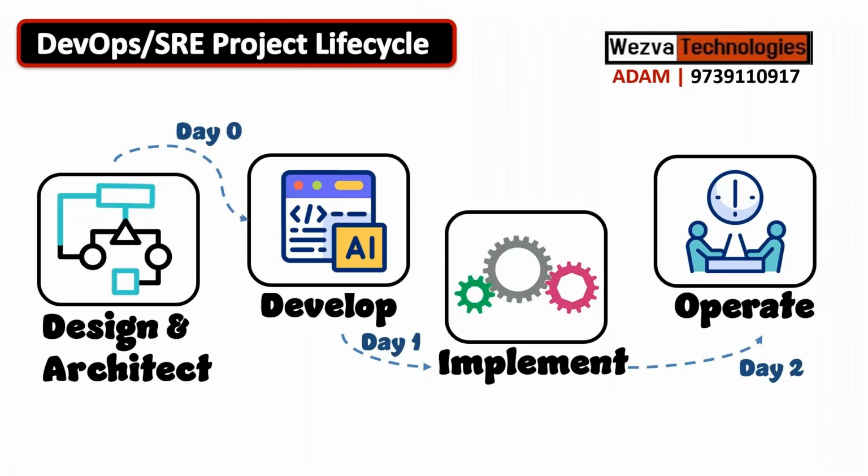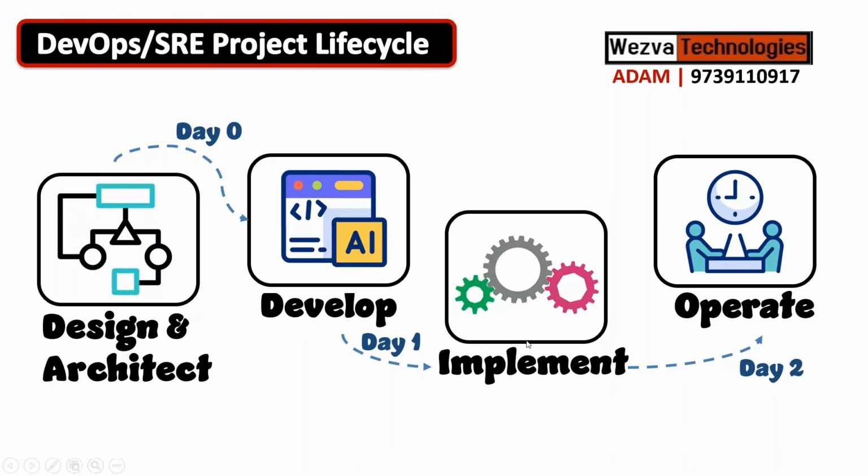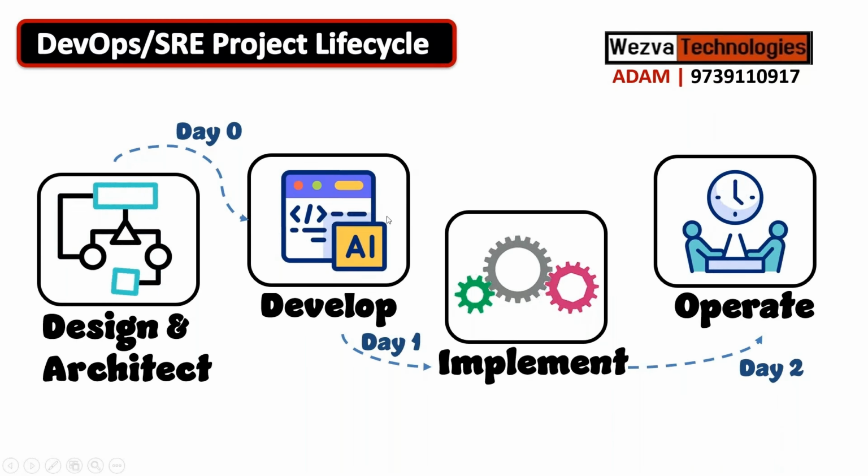But in general, in the modern way, you're not just going to say that I have designed, developed, implemented, and operated. There is a life cycle for which in most of the product based companies, they use these terms called day zero, day one, and day two. Okay. So typically day zero means for a particular problem or a solution, you have designed and you are ready for the development.